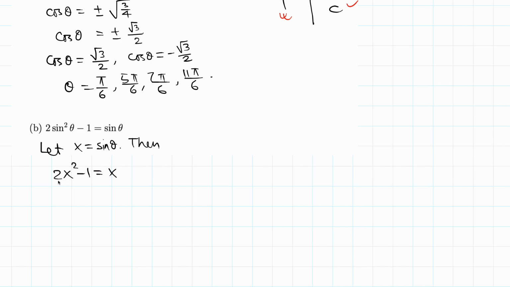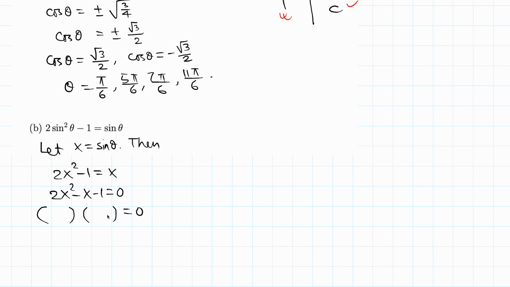This is a quadratic equation in x. It's a degree 2 equation, which means we'll have 2 values of x. To solve, we must make the right hand side 0 and factor the left side. So subtract x from both sides: 2x squared minus x minus 1 equals 0. Now let's factor.